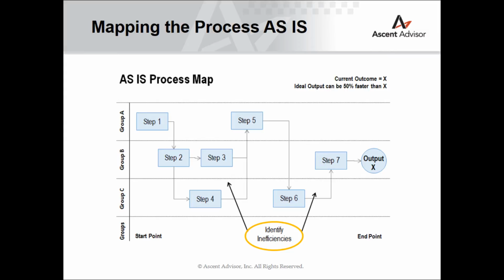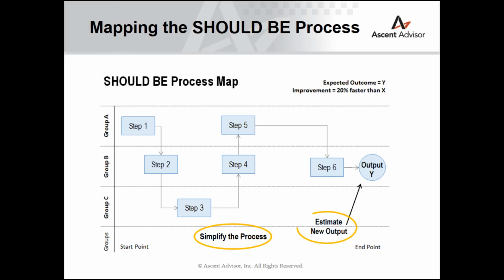While it is important to document the process as is, that activity should not consume more time than it deserves. Plan to save most of the time to create the new process as it should be. Creating the should-be process map begins by fostering a creative environment where people feel free to brainstorm.